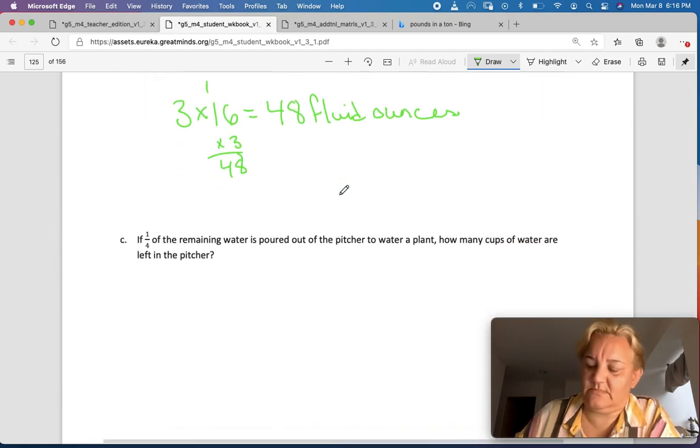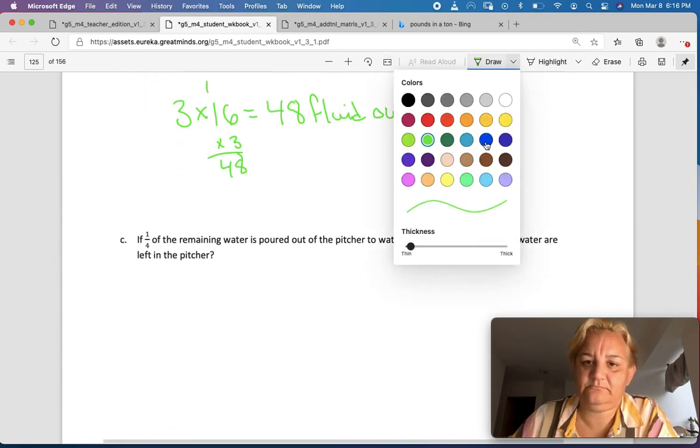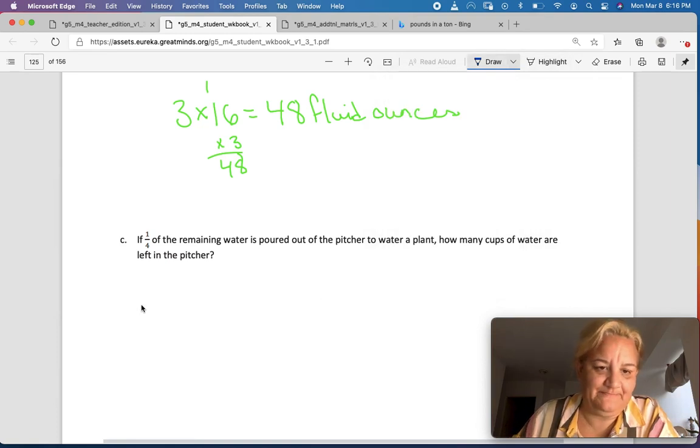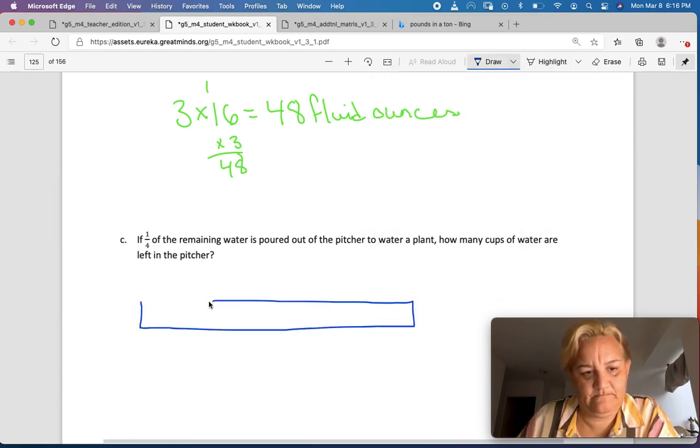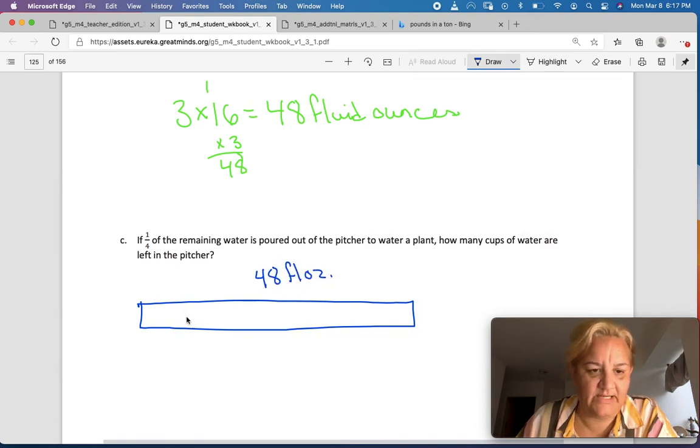So, let me redraw this here. Here's our pitcher. And it had 48 fluid ounces in it, right? And we took out 6 of them. And we took them away. So what was left was 42 ounces. Okay?